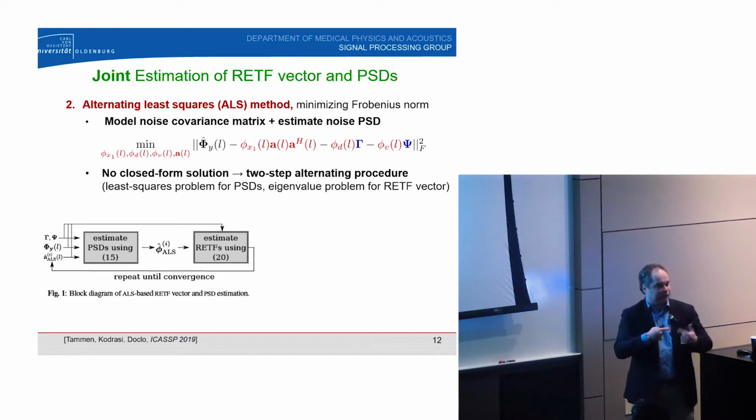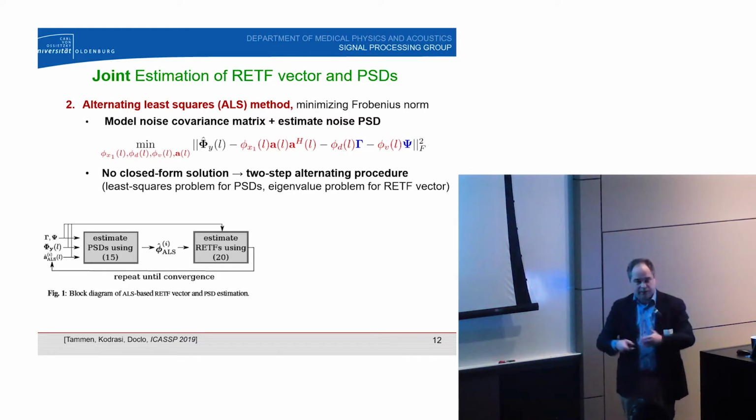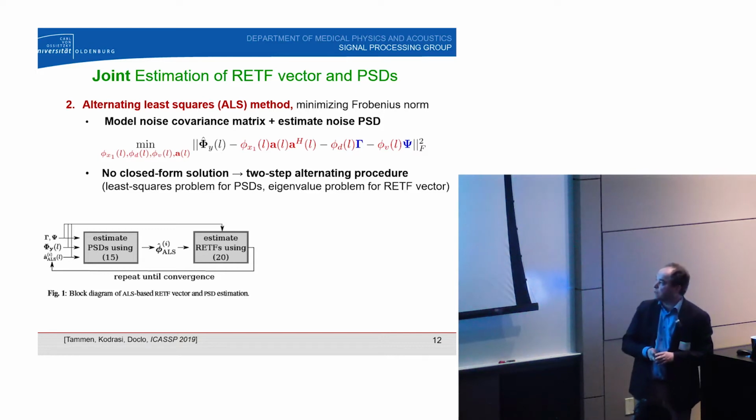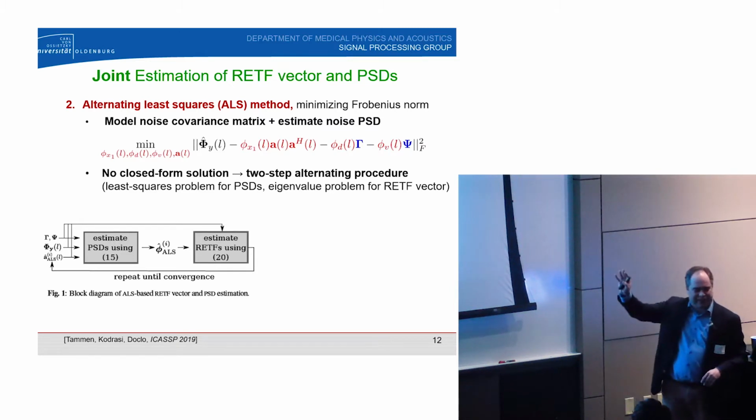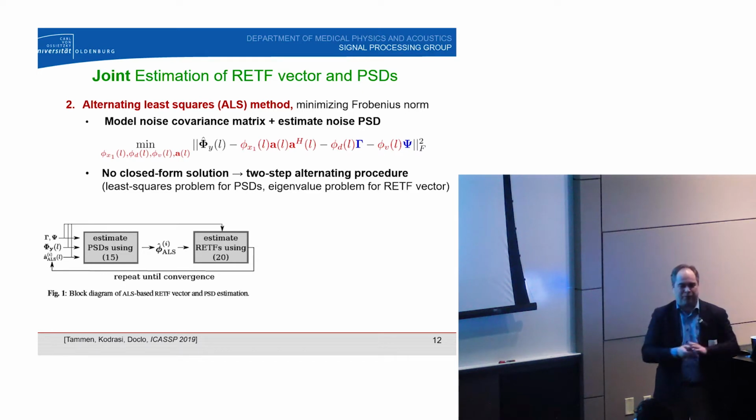And then you iterate a couple of times, and basically you converge to the correct solution, at least if the model completely holds. Just as a comment, some people are a bit questioning the name, and I actually agree. Is this really alternating least squares? There's an eigenvalue problem involved.